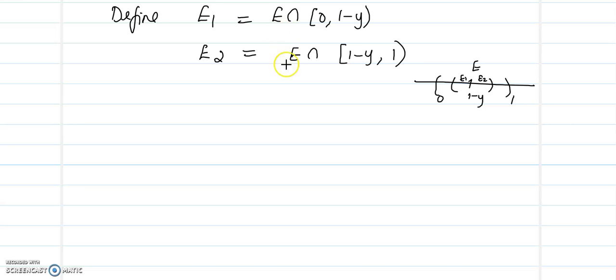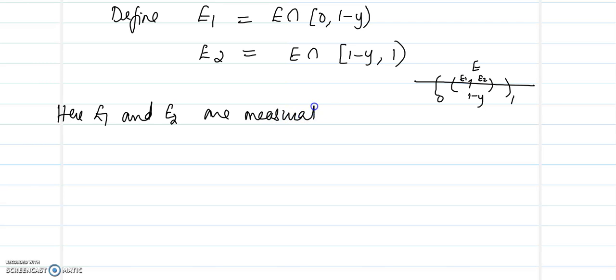Now if we look at E1 and E2, we are given that E is measurable. We know these two are intervals, and intervals are always measurable. Now if you have two measurable sets, their intersection is again measurable. So here E1 and E2 are measurable.